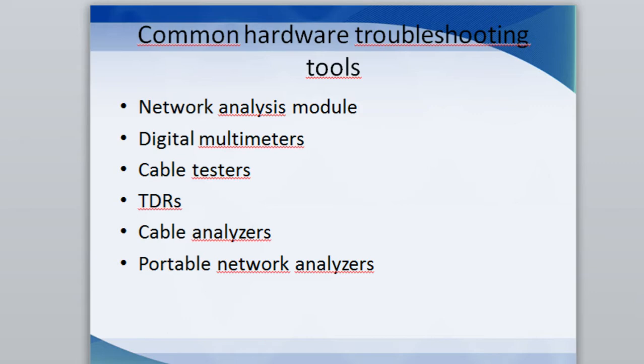The portable network analyzers. The portable network analyzers are devices that can be connected anywhere in a network. They allow you to see the switch port to which the cable is connected and the average and peak utilization.